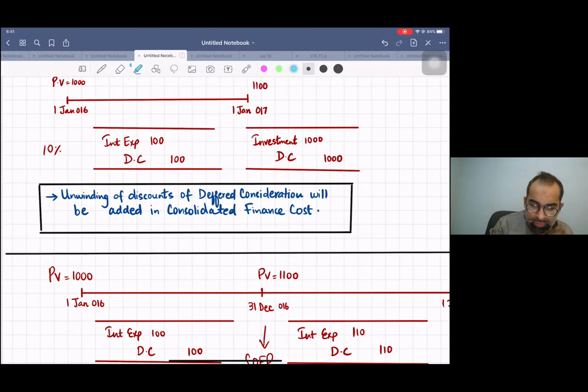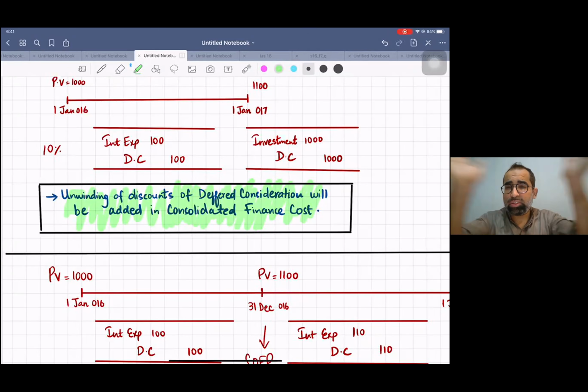So you will do unwinding of discount, and it will be added in consolidated finance cost in the income statement. No more NCI, as this loan belongs to P company, so only consolidated P&L will be adjusted.